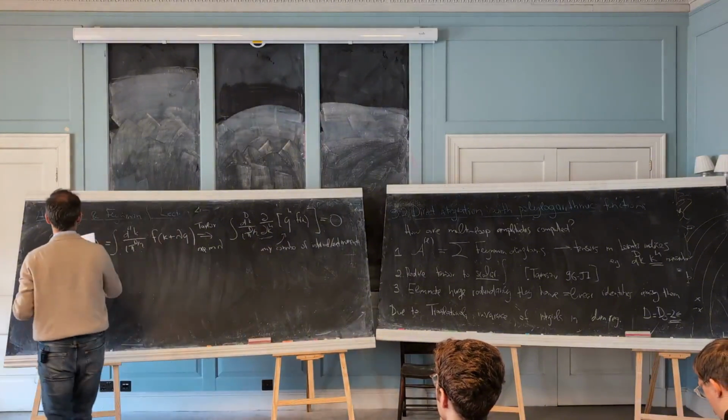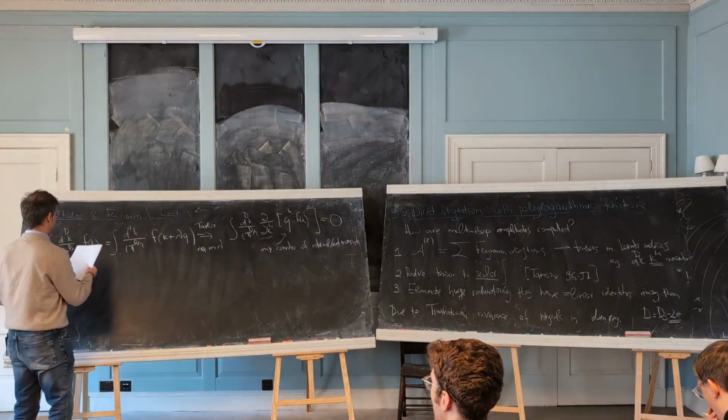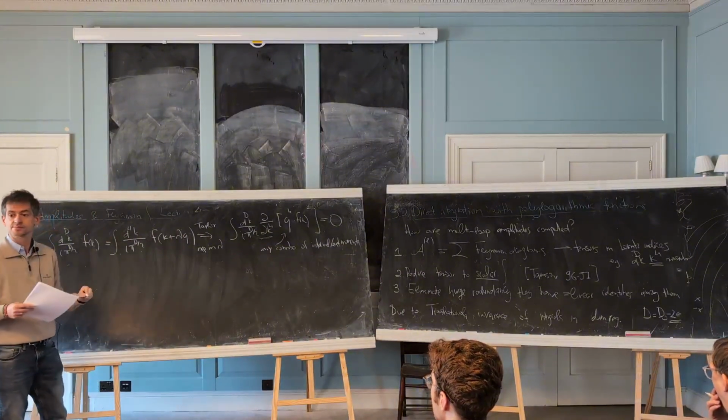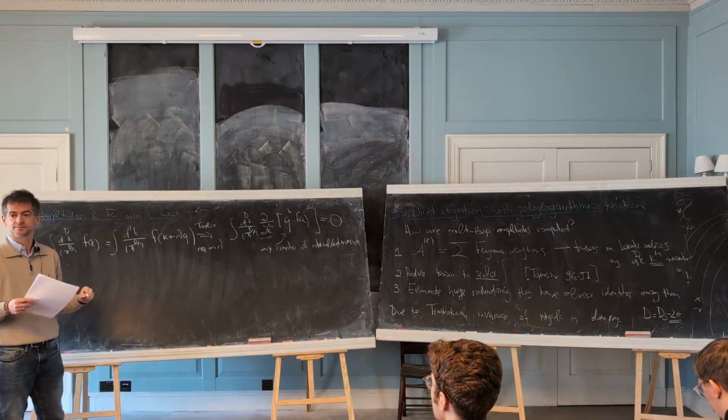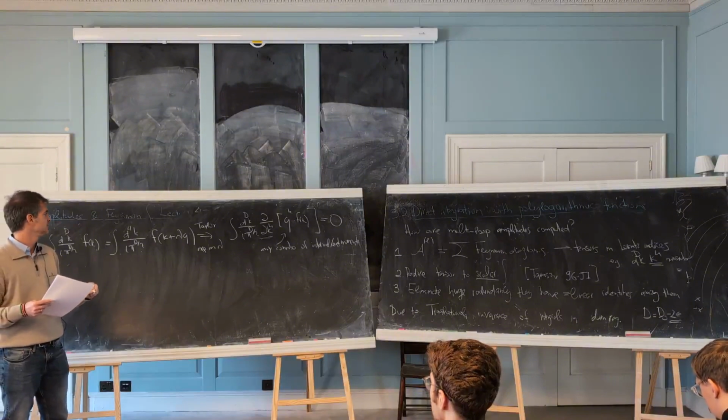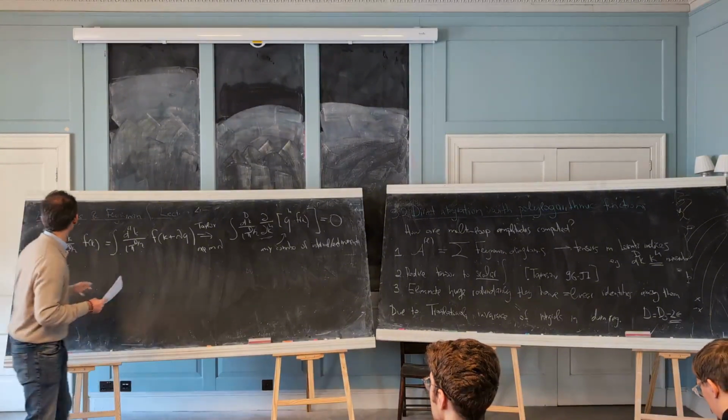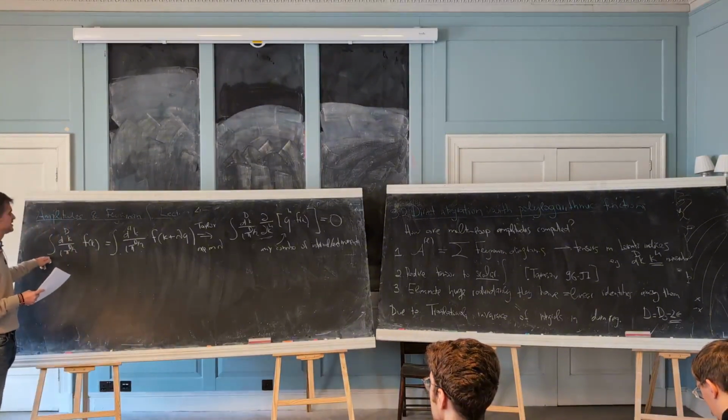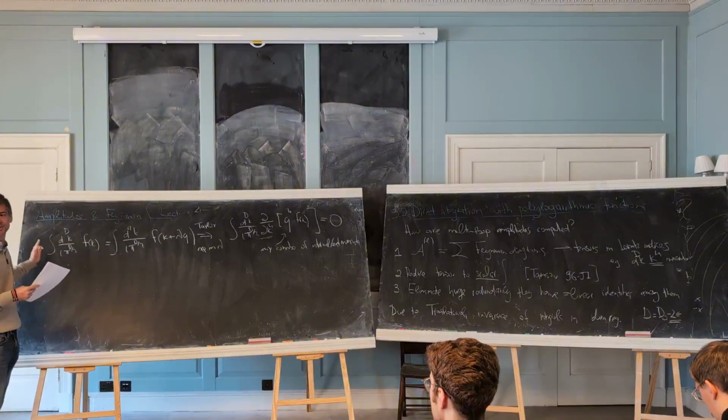And so in 4D, you would have a UV cutoff, which would mean that this integral will not go from minus infinity to infinity. It would go up to a certain value.